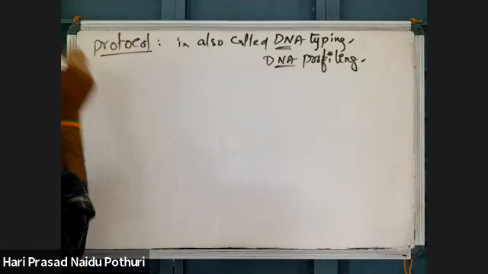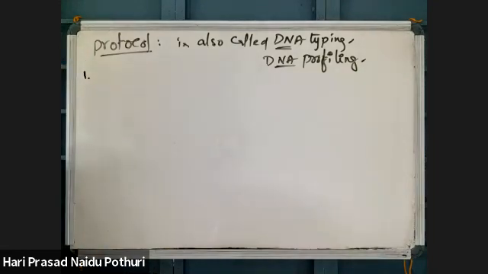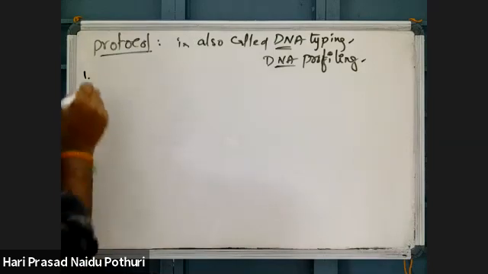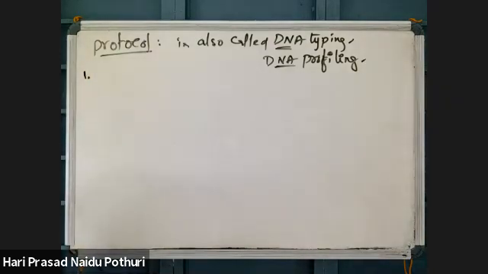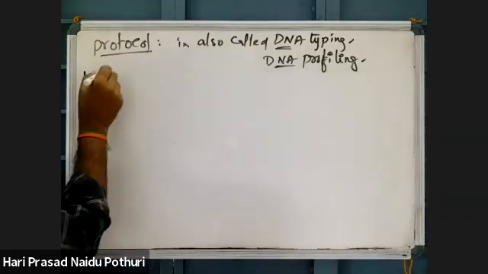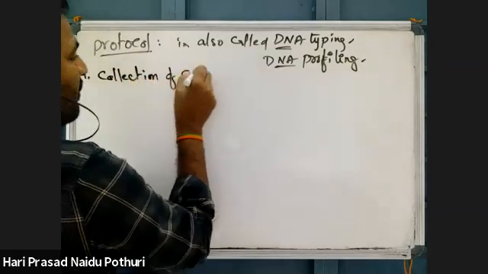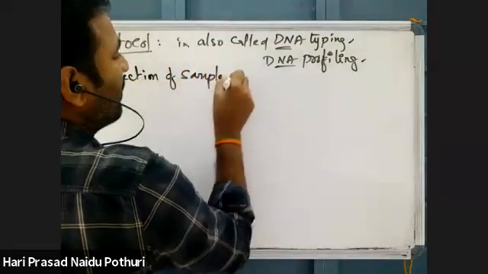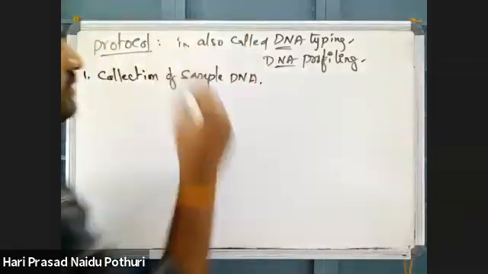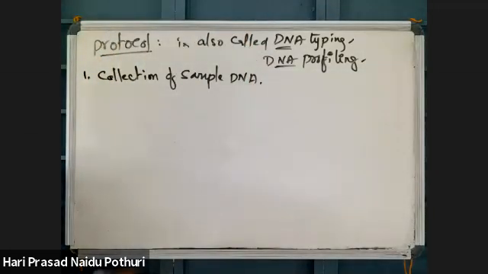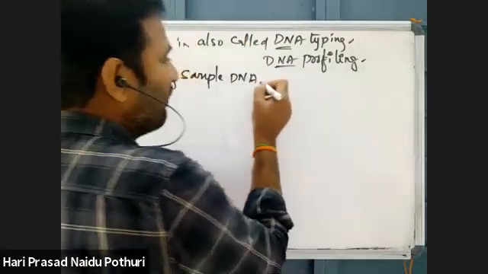Here, what are the steps or methodology of DNA fingerprinting? The first step is isolation or collection of the sample DNA. That means whichever sample we need to identify or whichever sample is available.